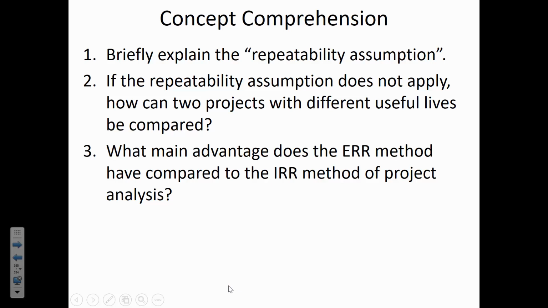So the advantage of external rate of return is that it's more realistic, that it doesn't have at its core an assumption that's almost never true. It's more complicated, it's harder to do, it takes more time. Those aren't advantages. The advantage is with its broad applicability, and that it's more realistic. Does that make sense to everybody?